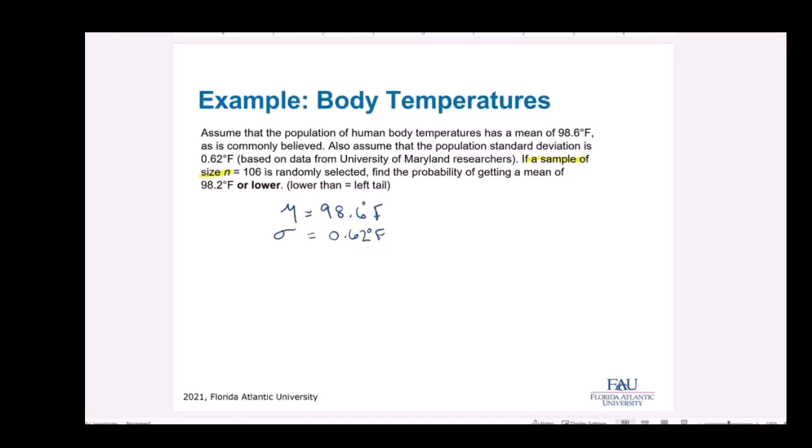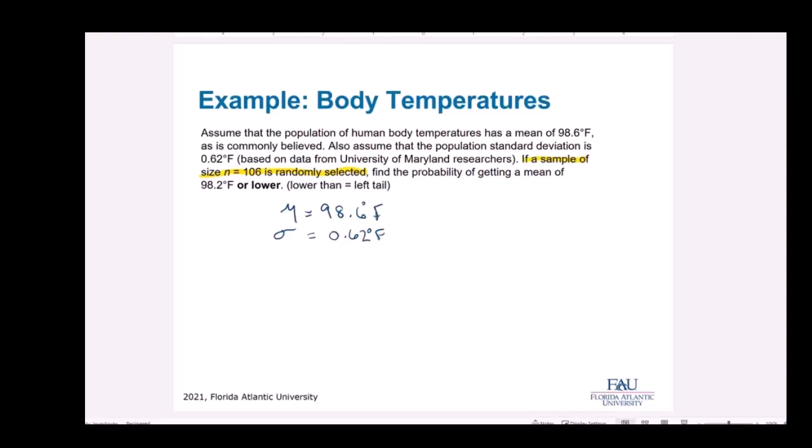If a sample of size n is randomly selected, now we're talking about a sample, and the sample size is 106, which is greater than 30, so we're in good shape. Find the probability of getting a mean of 98.2 degrees Fahrenheit or lower.